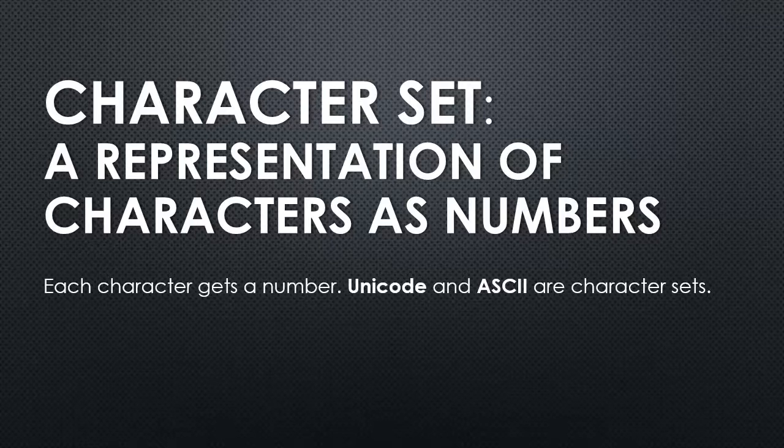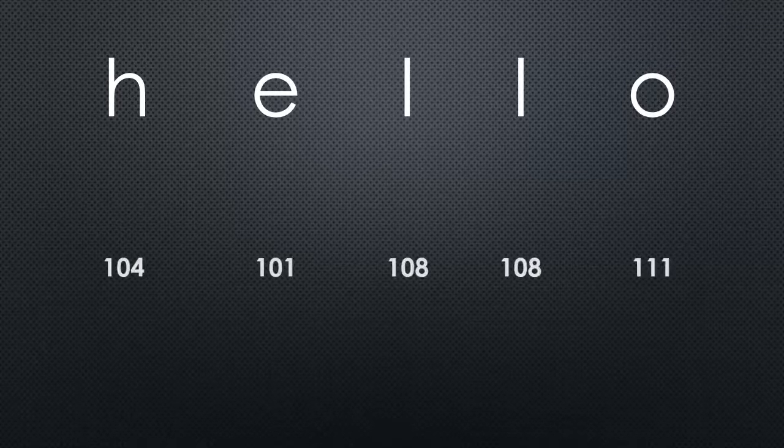And it is a code, really. Each character gets a number. Unicode and ASCII are types of character sets where characters get a number assigned to them. Like hello. I can give each letter in the alphabet and every other character I might type a number that represents it.